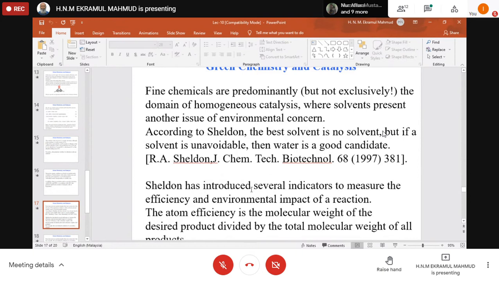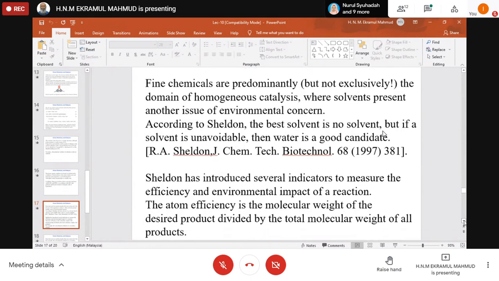So Sheldon has introduced several indicators to measure the efficiency and environmental impact of the reaction. So here is one good thing: atom efficiency is the molecular weight of the desired product divided by the total molecular weight of all products.